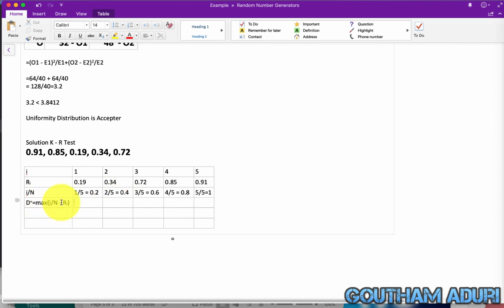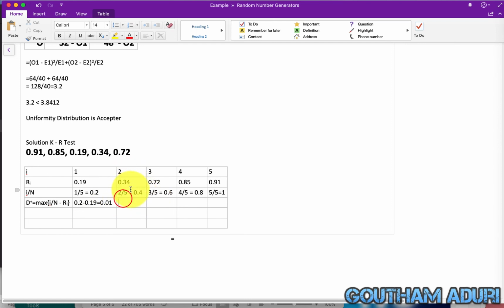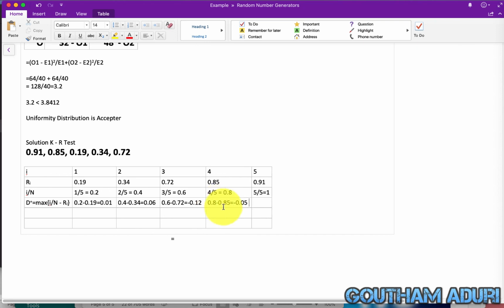So first, 0.2 minus 0.19, that's 0.01. Then 0.4 minus 0.34, 0.6 minus 0.72, which is minus 0.12, 0.8 minus 0.85, minus 0.05, and 1 minus 0.91.